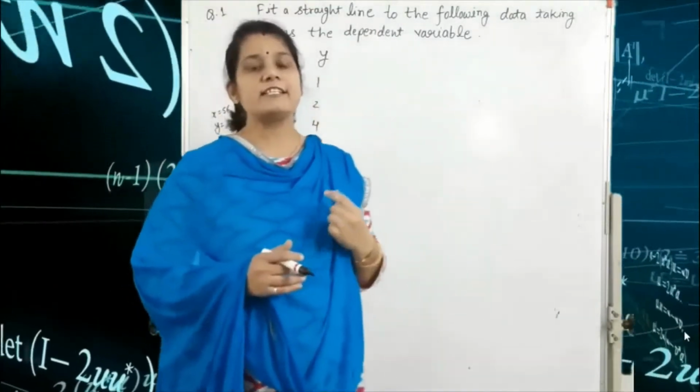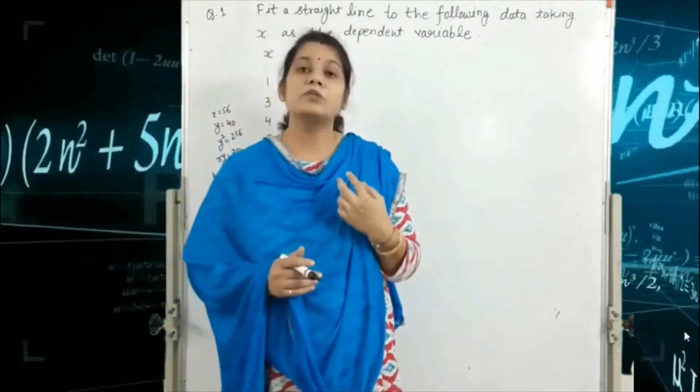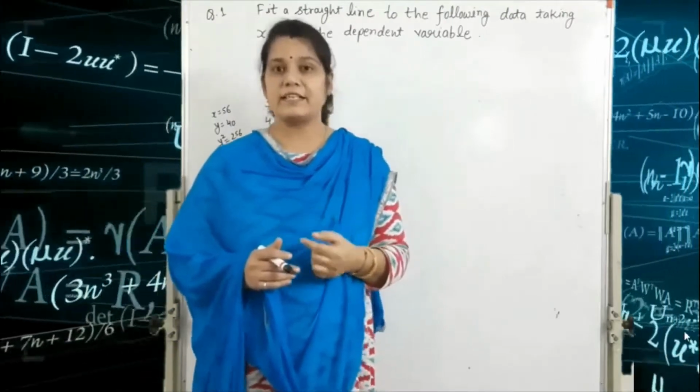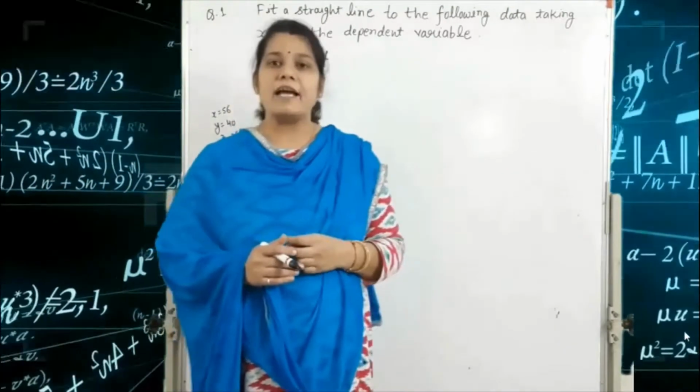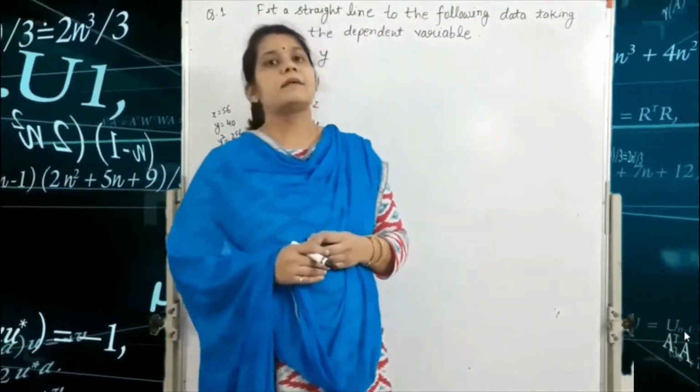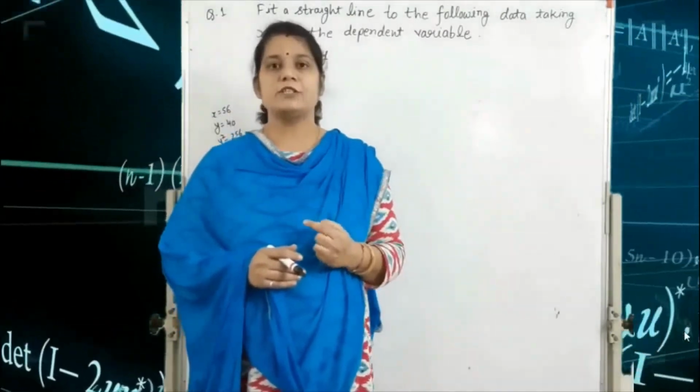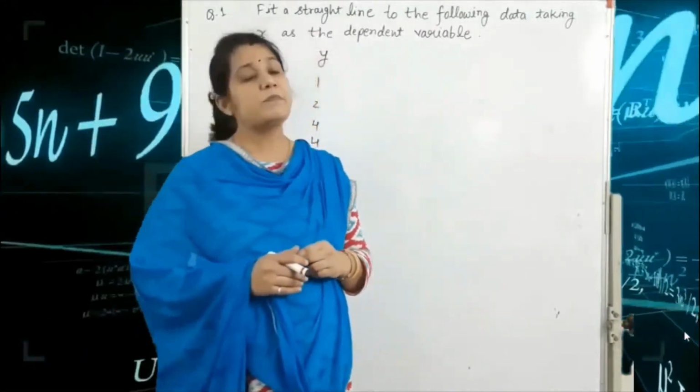We have already seen that we have two types of straight line equation. The first one is y is equal to a plus bx, and the second is x is equal to a plus by.